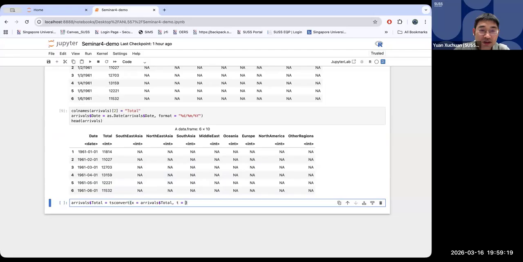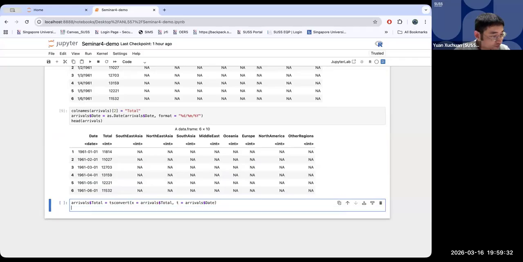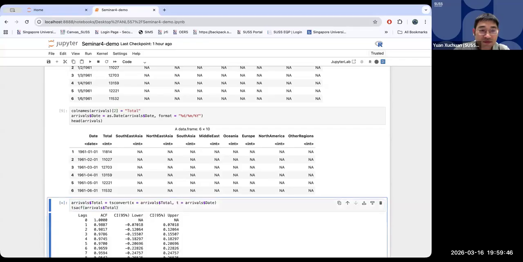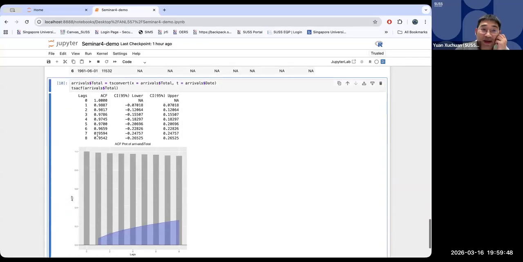Total, and the date. Okay, you can give a name, but maybe we don't need to give a name here. Total is simple enough. All right, so let's look at the ACF. This is the default.